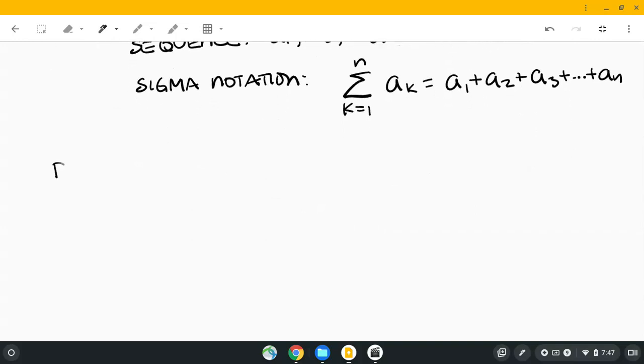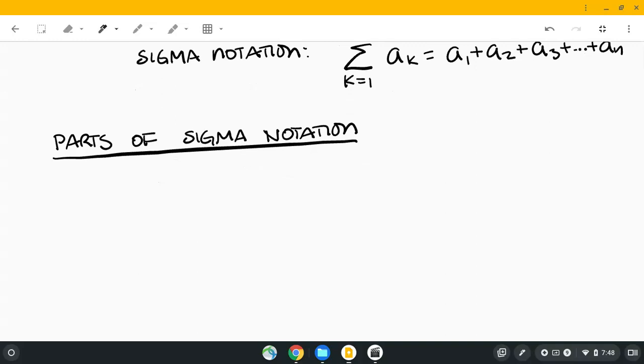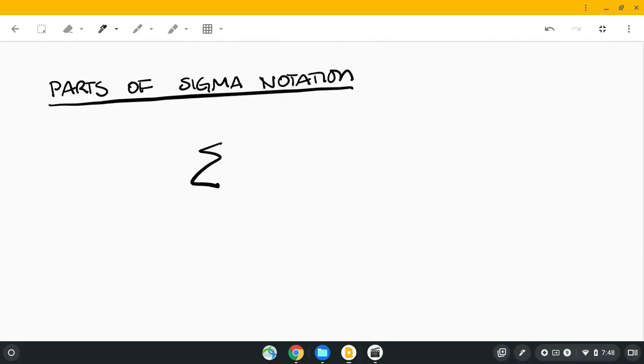Okay, so parts of sigma notation. Let me write it big like this.